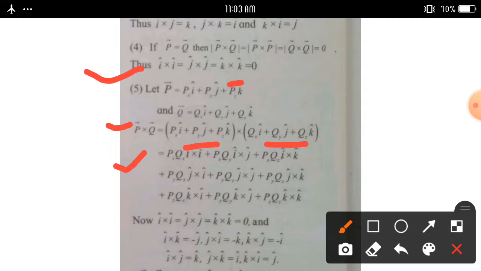According to this, in brackets, we can write this first, px qx i cap cross i cap plus px qy i cap cross j cap plus px qz i cap cross k cap, and py qx j cap cross i cap plus py qy j cap cross j cap plus py qz j cap cross k cap plus pz qx k cap cross i cap plus pz qy k cap cross j cap plus pz qz k cap cross k cap.